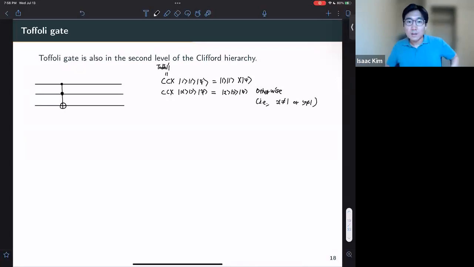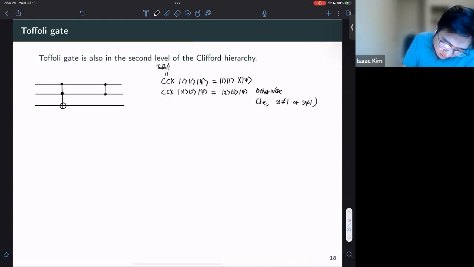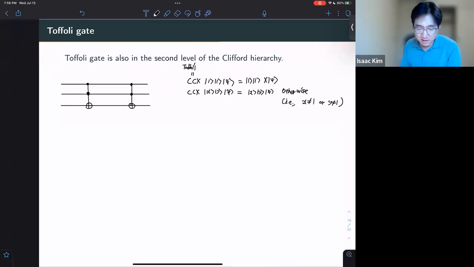Okay, and this is another example of a gate in the second level of the Clifford hierarchy. The reason why this is easy to see is because we can run the same trick as we did in this slide.